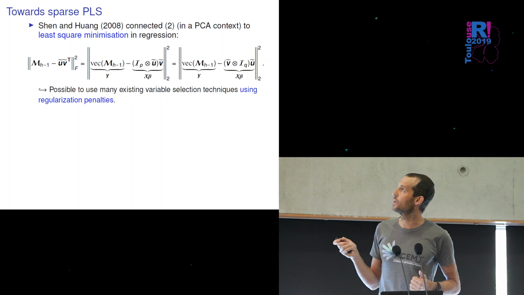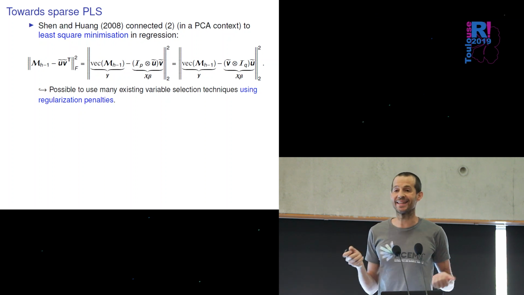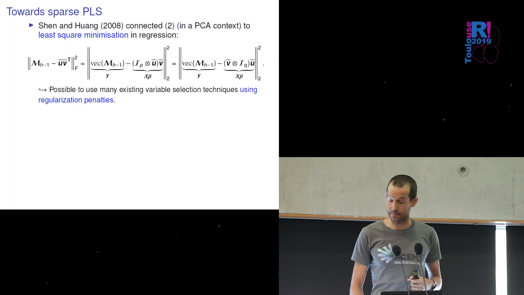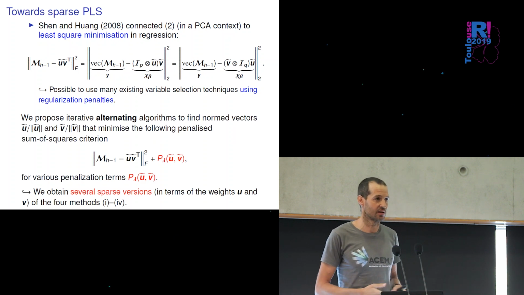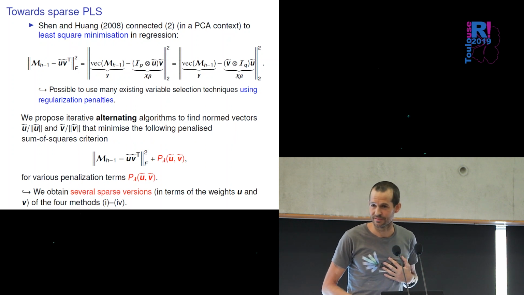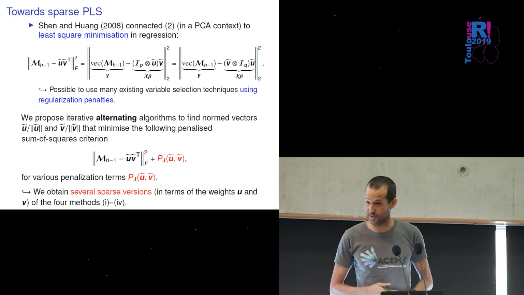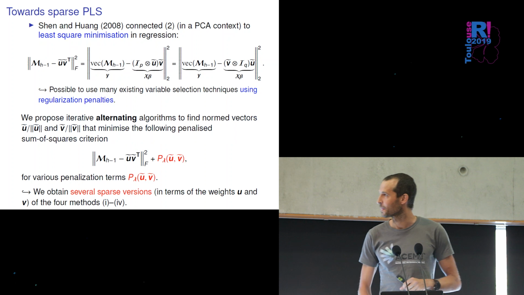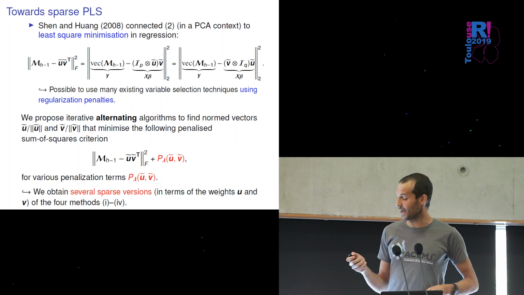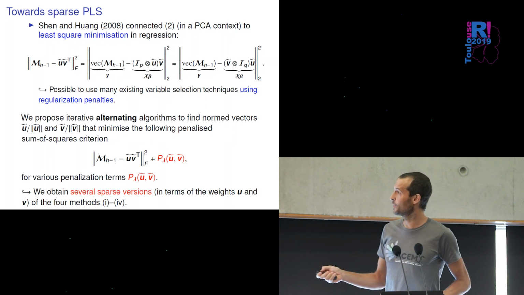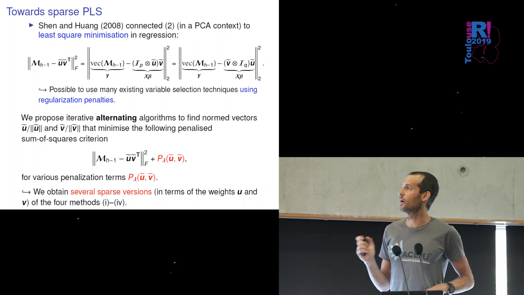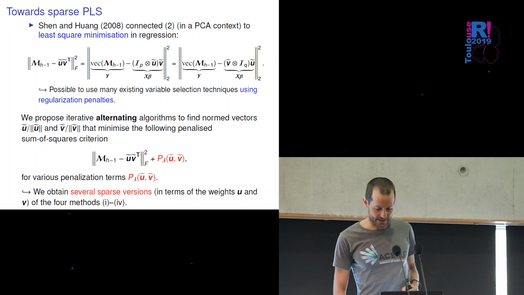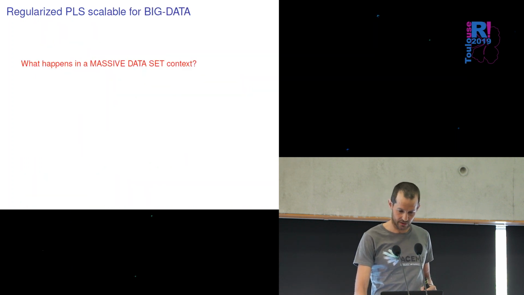And as it is a least squares problem, you can add penalty terms to do variable selection in your latent components. Technical. I will take some questions after. In our unified algorithm, we have developed different sparse versions of our PLS.